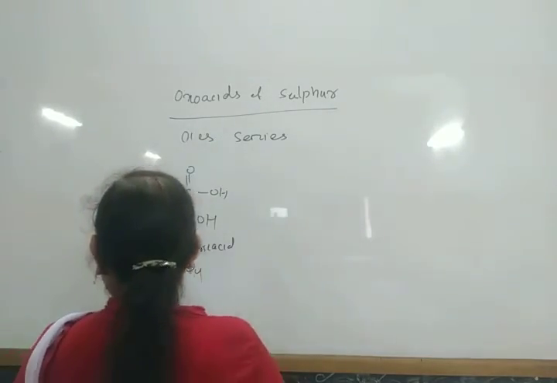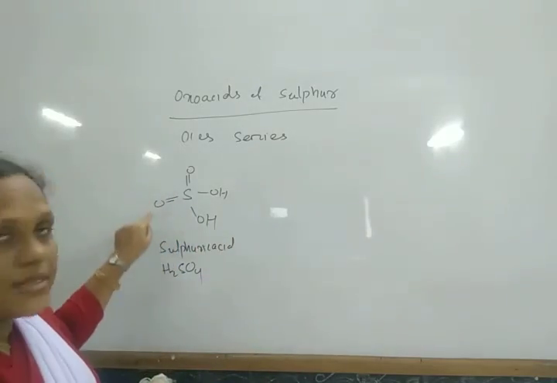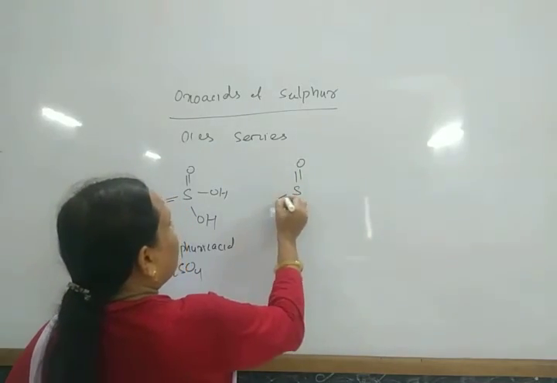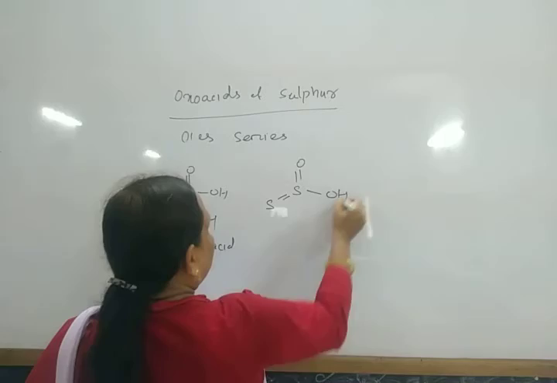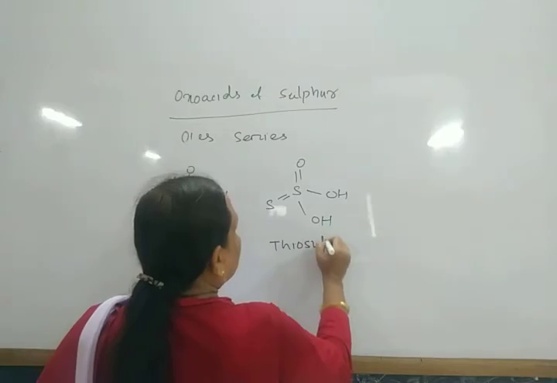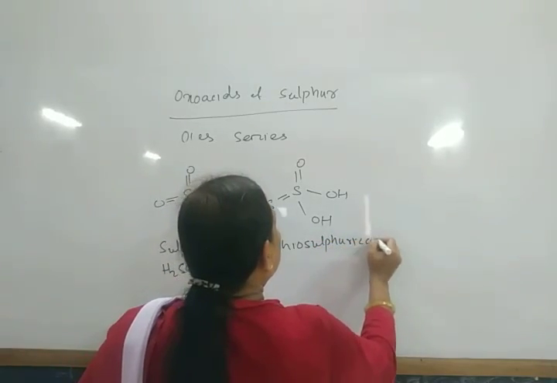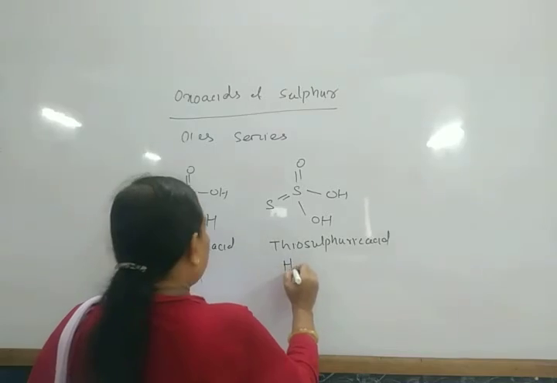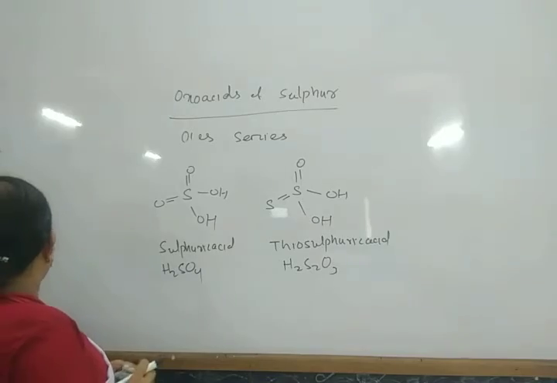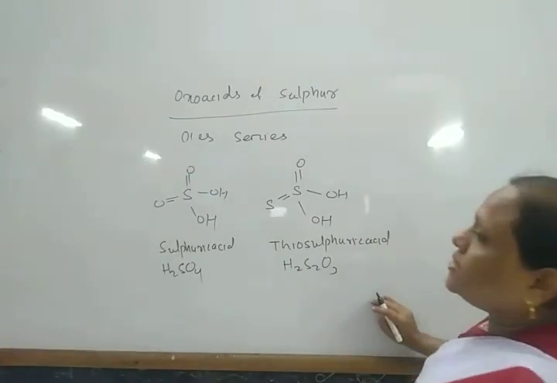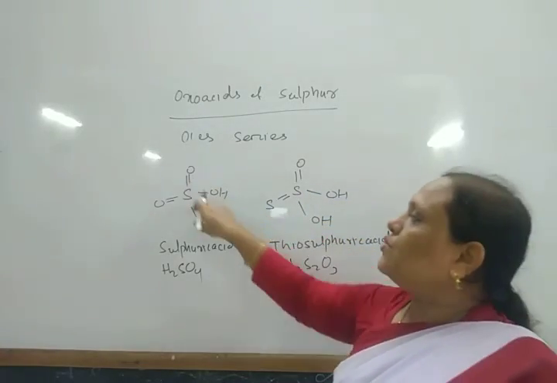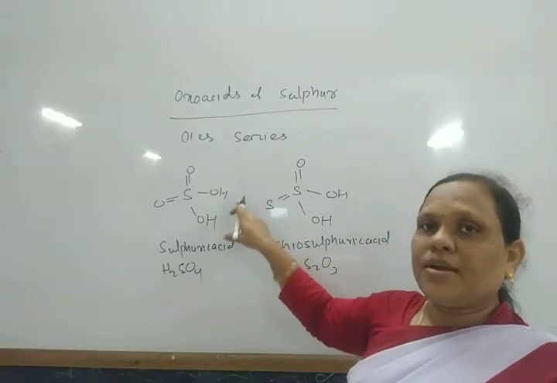Next it forms thiosulfuric acid, where one oxygen atom is replaced by sulfur. So S double bond O, here S and OH, OH, thiosulfuric acid. Here the formula is H2S2O3. Next it also forms pyrosulfuric acid. In pyrosulfuric acid, two sulfuric acid molecules combine and one water molecule is removed.